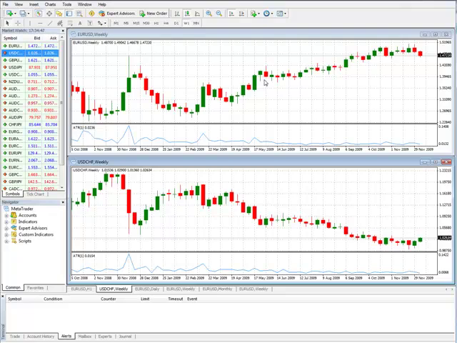Okay, let's say for instance we were at this particular point on the weekly, and we thought, wow, this is really good. What I want to do is use a system that says, hey, I'm going long.